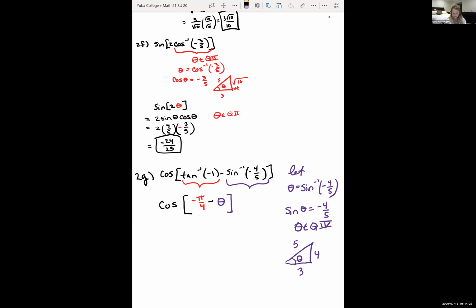If you look at this, we could factor out a negative. So this would be cosine of the negative of the quantity pi/4 plus theta. Cosine of a negative is the same thing as cosine of the positive because it's even.